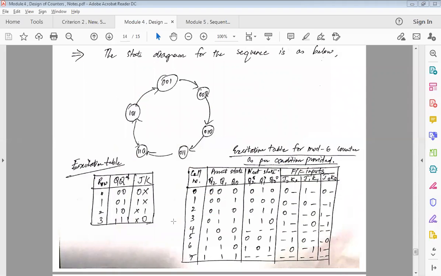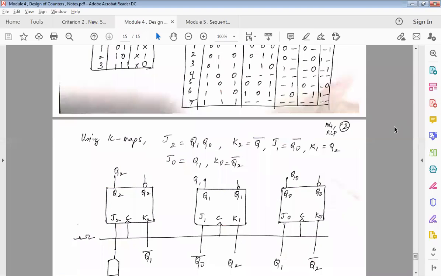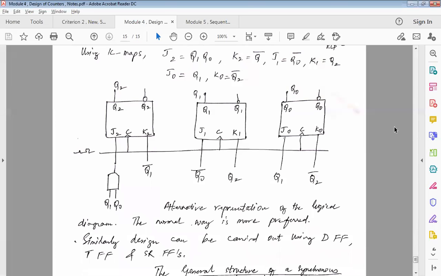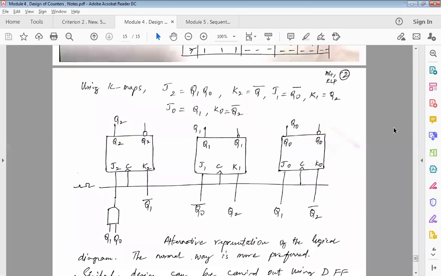After this, you will be looking into your implementation. So you will be using your K-map. Once you have your K-map, you are going to get these equations: J1, J2, K2, J0, K0, K1, same as what we discussed in our previous lecture.